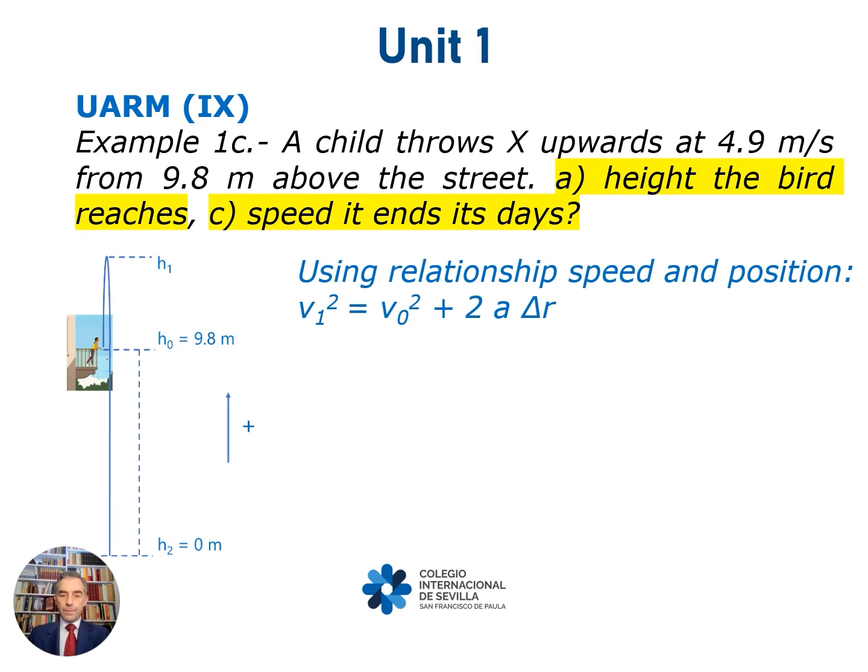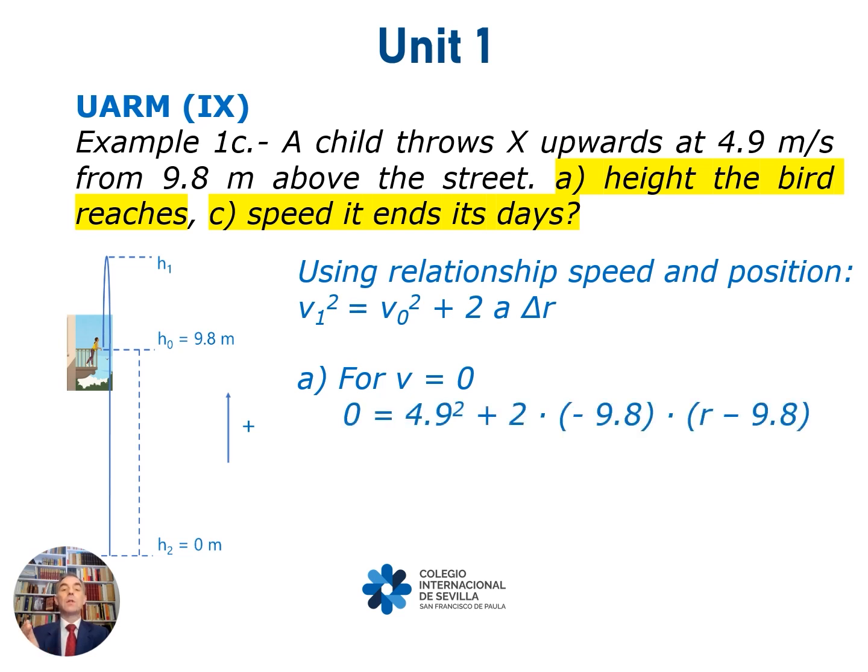Therefore, for the height at which the bird stops, the height the bird reaches, we know that the speed equals 0. So we can replace that 0 in this expression. We know the initial speed, we know the acceleration, and we can find out the value of the position, which will be given by the expression you have on the slide.